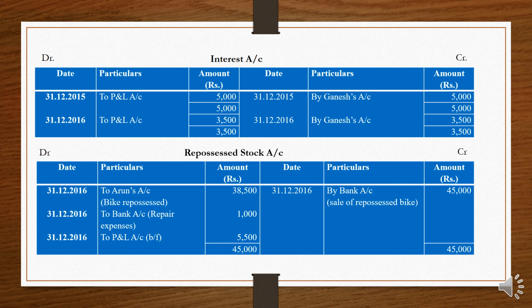For that the journal entry, on 31st December 2015, bank account debtor to repossessed stock account. The amount for which the repossessed stock was sold was 45,000. So now there is a balance of rupees 5,500, which is a balancing figure. So repossessed stock account debtor to profit and loss account, there is a profit of rupees 5,500.